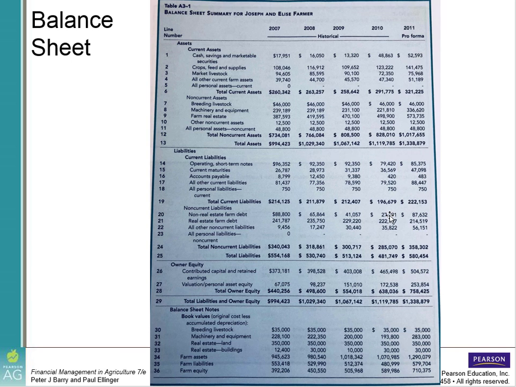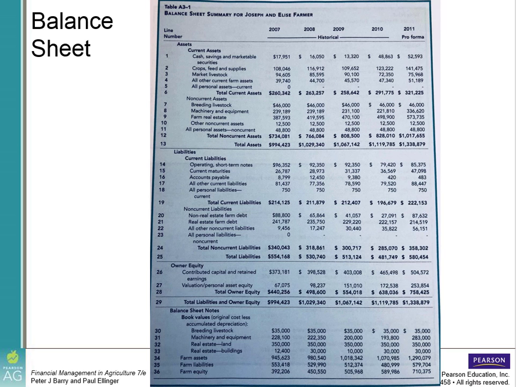This here is the balance sheet. If you come down here in the balance sheet, you can clearly see right here in 2009 you have farm assets of 1,018,342 million dollars, and then in 2010 you have 1,070,985.